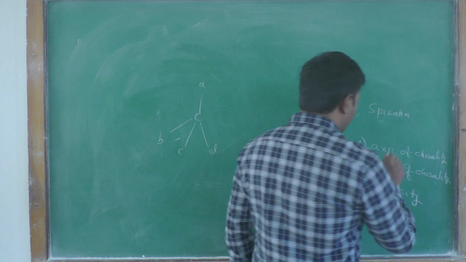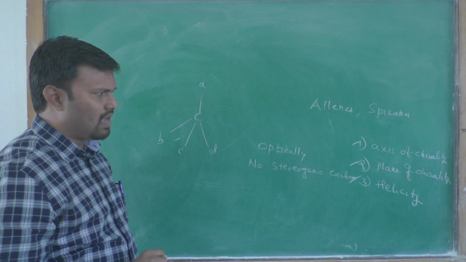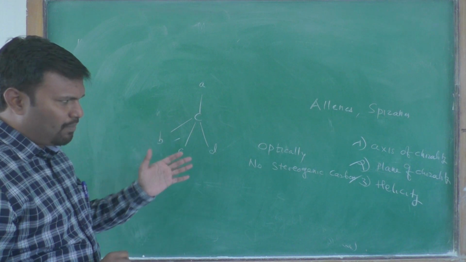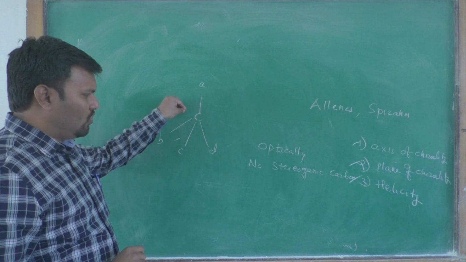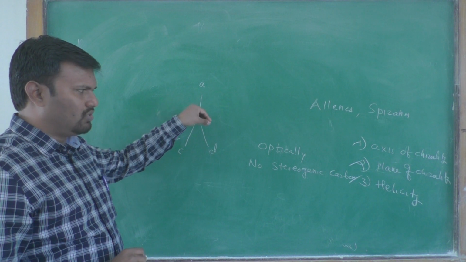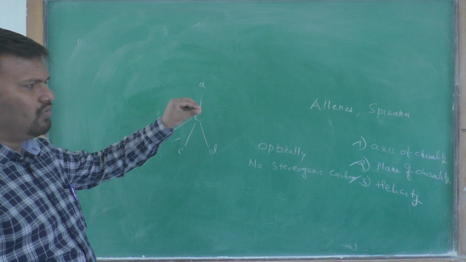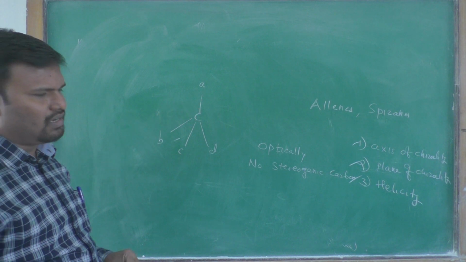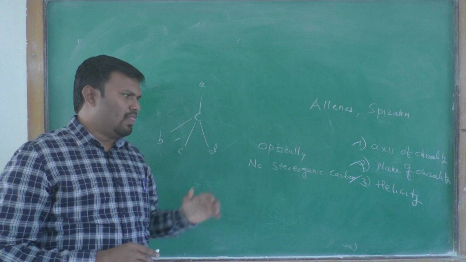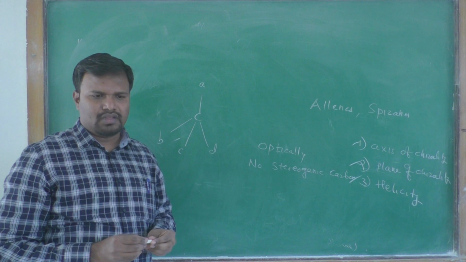By using this type of chirality, the optical activity of compounds not containing a stereogenic center is explained on the basis of axis of chirality, plane of chirality and helicity.